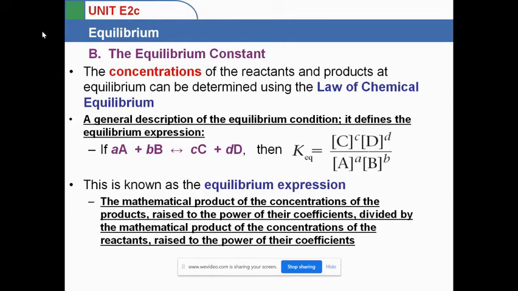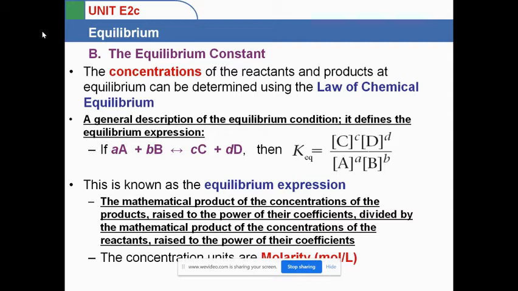Now, the definition of it that I've just described is right here. It's the mathematical product, meaning you multiply, of the concentrations of the products raised to the power of their coefficients, divided by the mathematical product of the concentrations of the reactants raised to the power of their coefficients. All the concentration units are in molarity, or moles per liter.